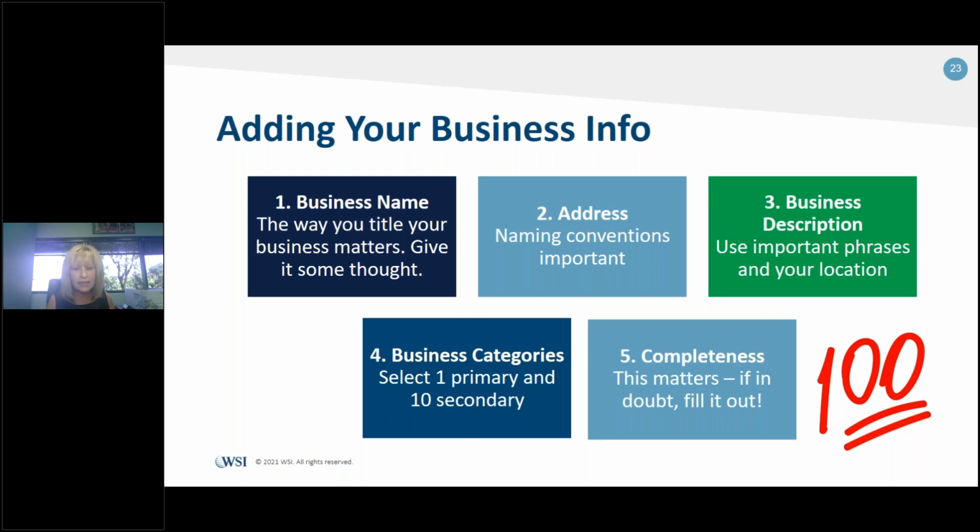So if your business has a long name and an acronym and sometimes LLC or Inc., you need to pick what you want to be known as a business online and stick with that. So when you're creating this listing for the first time, think about the business name and the way you want it titled. Same with the address. Again, I'll talk about this also in a minute because all this stuff interconnects.